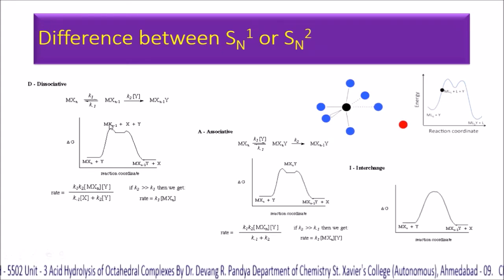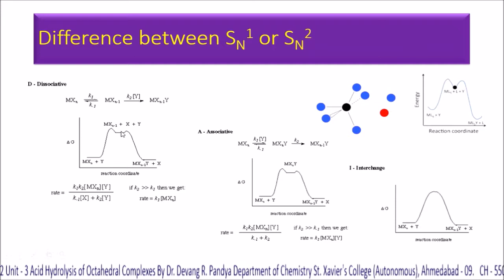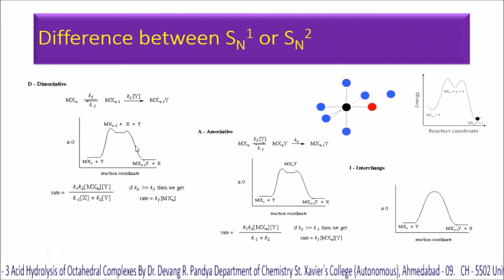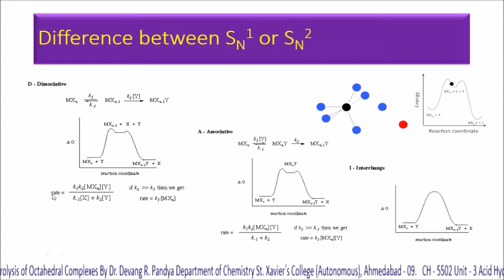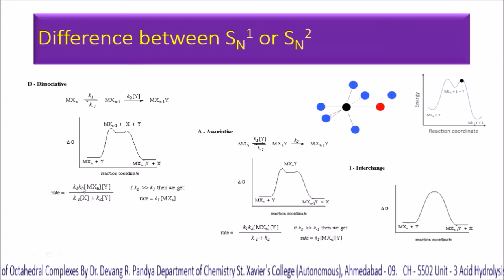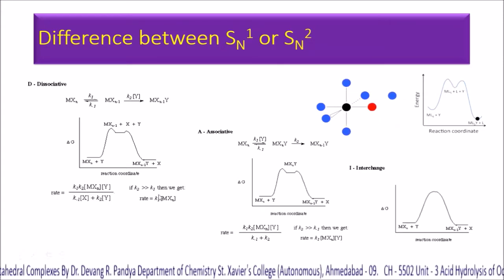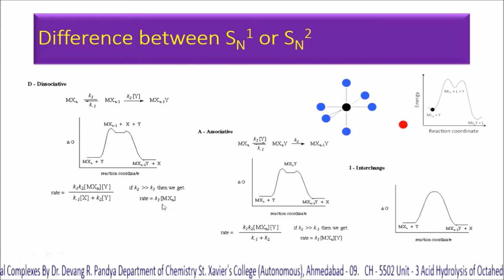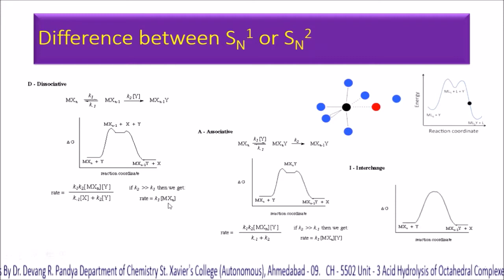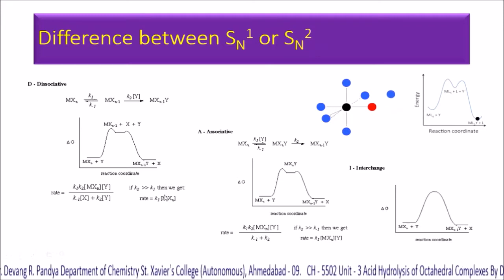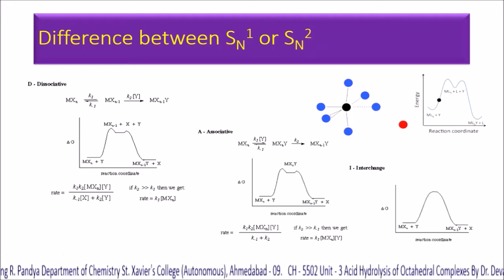When the nucleophile attacks, the intermediate has little stability and then it goes up and gives the product. The rate of reaction depends only on the substrate, that is, the main complex, and that is why it is considered a unimolecular first order ligand substitution reaction.